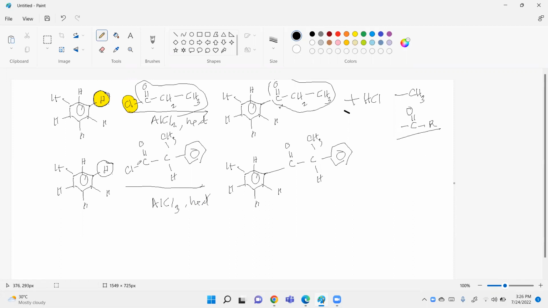Now, if you want me to show this also, it's easy if you make small notes in this manner to understand how exactly the reaction is happening. So HCl should be here. See this HCl. I can do a similar thing for the second one also, but it's not very necessary. However, just to complete it, HCl is produced as a byproduct.